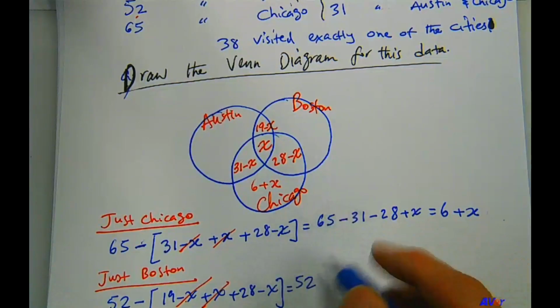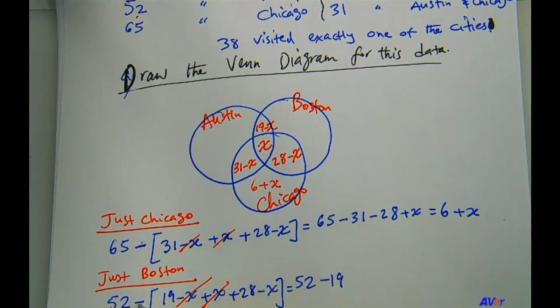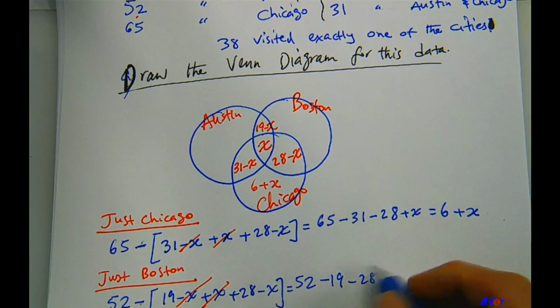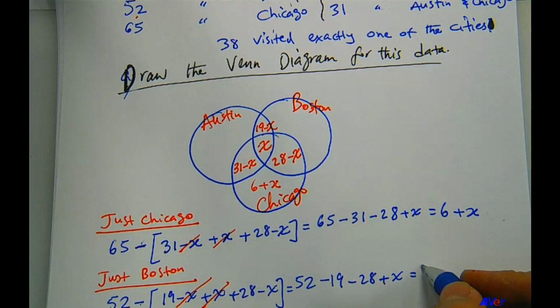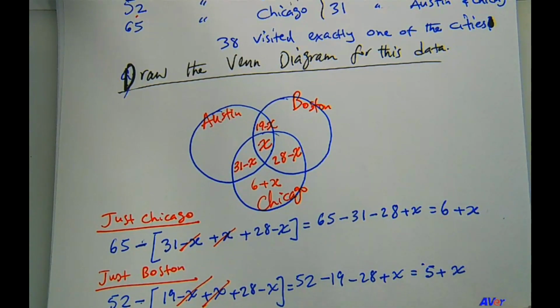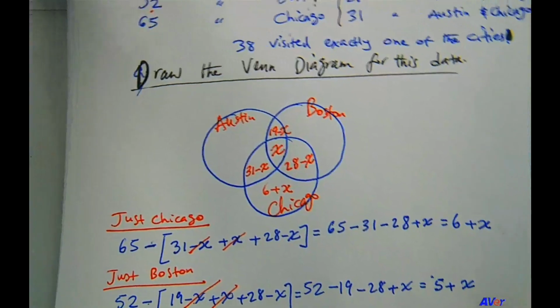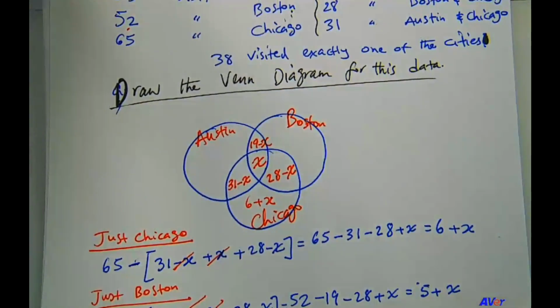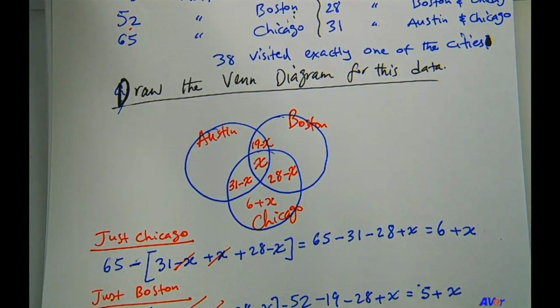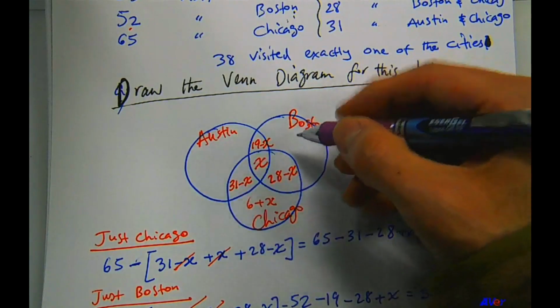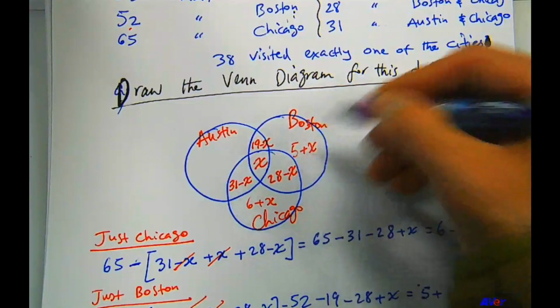So 52 minus 19, and let's distribute this minus into everything that is left. Minus 28 minus X is plus X. So for Boston, we end up with 5 plus X after simplifying. Let me put that 5 plus X right here.